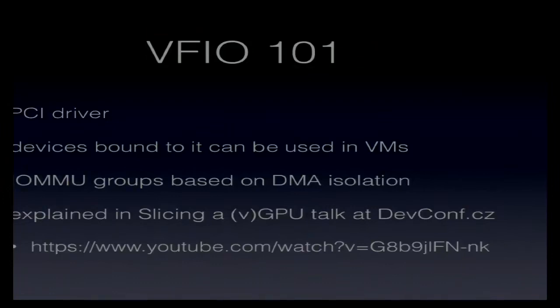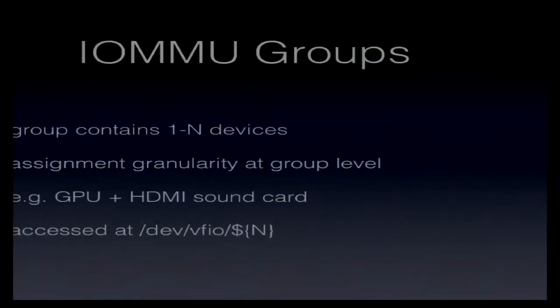Unfortunately, it's not that easy because devices come with different degrees of isolation. So you may have a device that's perfectly isolated. On the other hand, you may have several devices that are not really isolated from each other. And in that case, they're not really suitable for virtualization. And this isolation is expressed in something we call IOMMU groups. So I really like the example of a consumer level GPU.